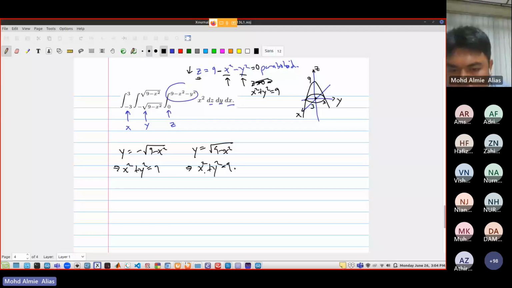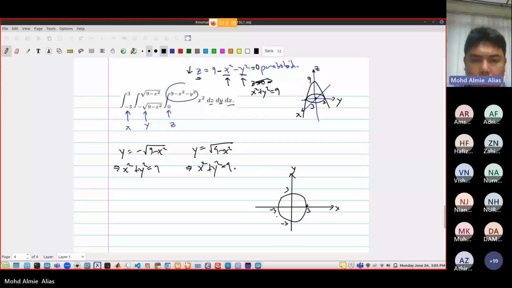So just sketch them. This is x, this is y, and this is 3 and minus 3. You haven't finalized everything. Now your x is from -3 to 3.